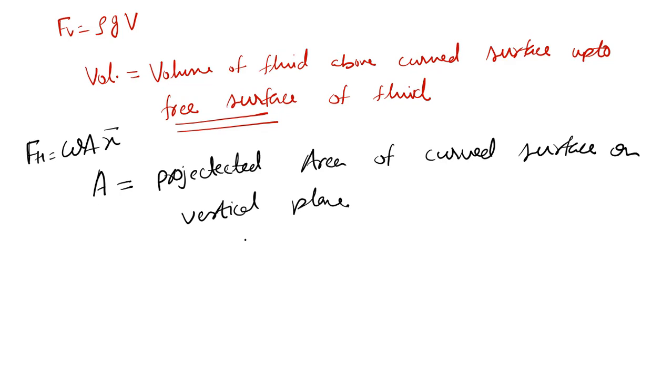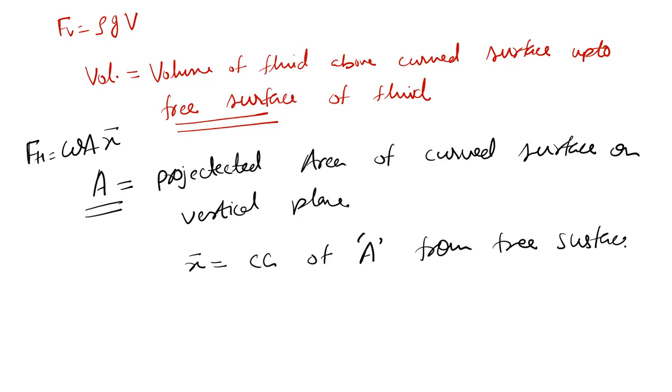Simple. What is x bar? X bar is the CG of A from the free surface. That's it. So these are the basic formulas. Let us try to solve this question.